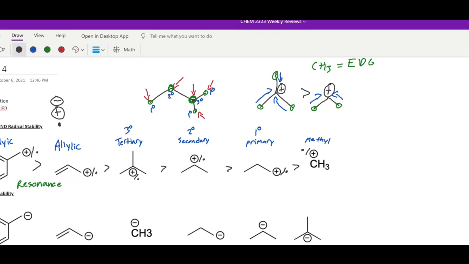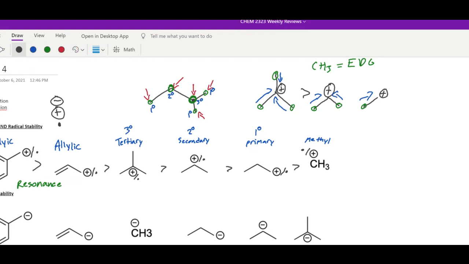And then when you have a single methyl, it's going to be even less. So that's the concept of why tertiary is better than secondary and why secondary is better than primary in terms of carbocation and radical.